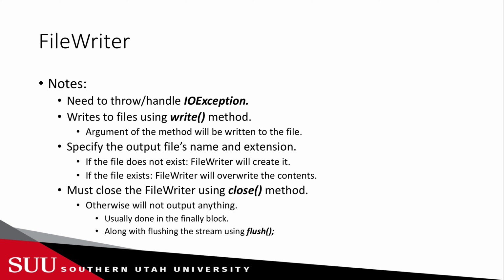We'll need to specify the output file's name and extension. If the file does not exist, File Writer will create the file for you. So you'll not worry about something called file not found, for example.